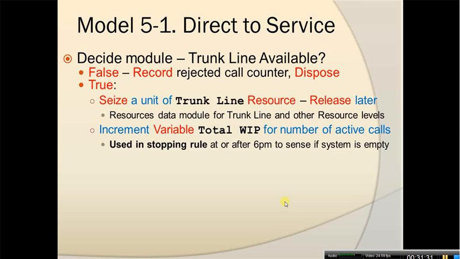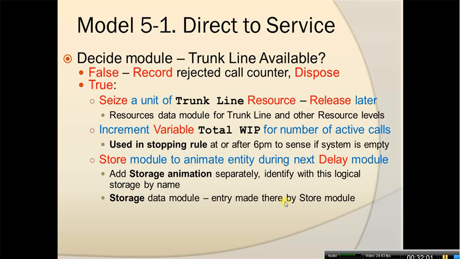So we'll have to introduce this variable. We have to increment the variable for the number of active calls. And we're going to use this variable later in the stopping rule because we need to know whether there's any more work in process happening, so we don't stop or terminate our simulation before we finish serving all active calls.